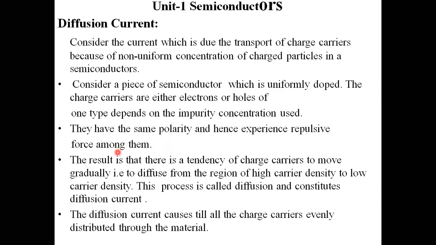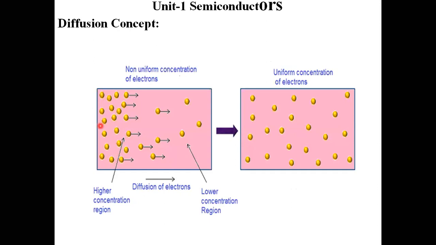Here let us assume that all these are electrons. This is one electron and this is another electron. Some force is going to be exerted between these two charge carriers. Therefore some repulsive force is going to be exerted, because this is a negative charge carrier and this is also negative. Negative charges are going to be repelled here.